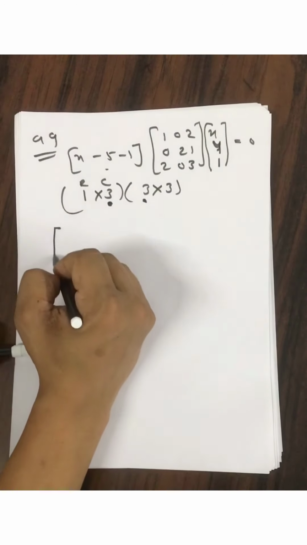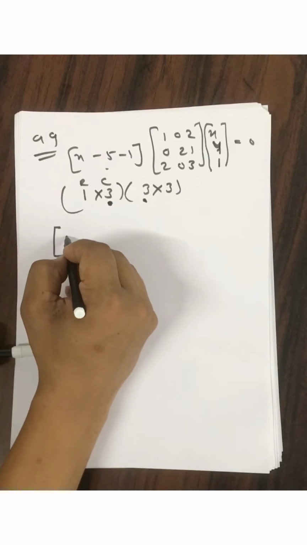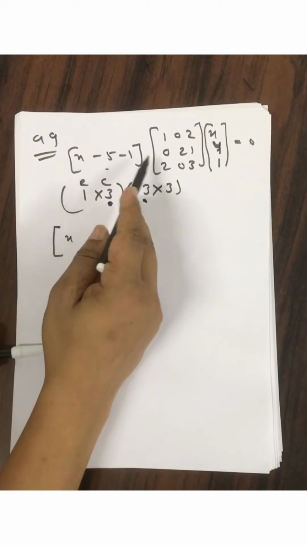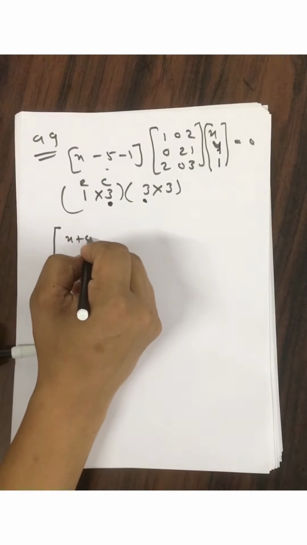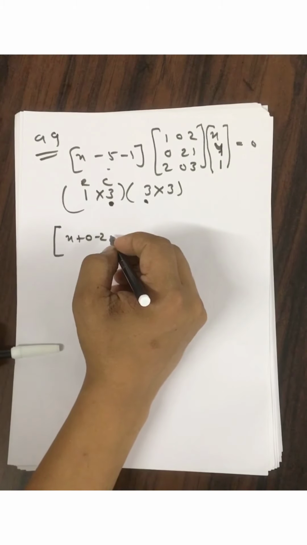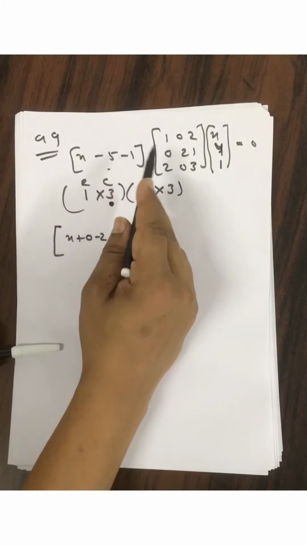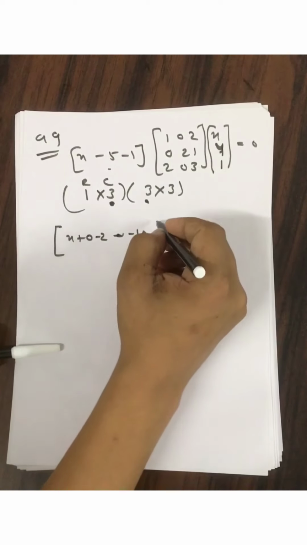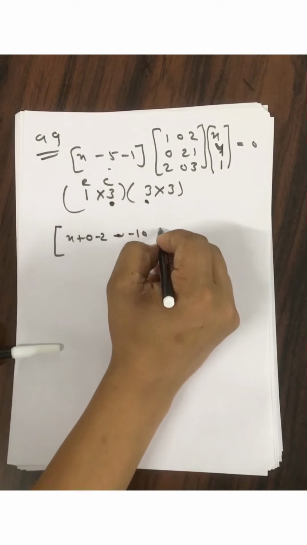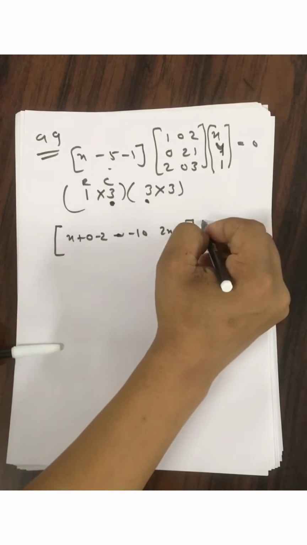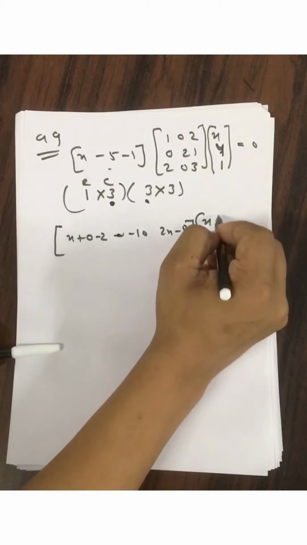Let's multiply: x, then 5 into 0, minus 2, then minus 10, then 2x minus 8. Simple.